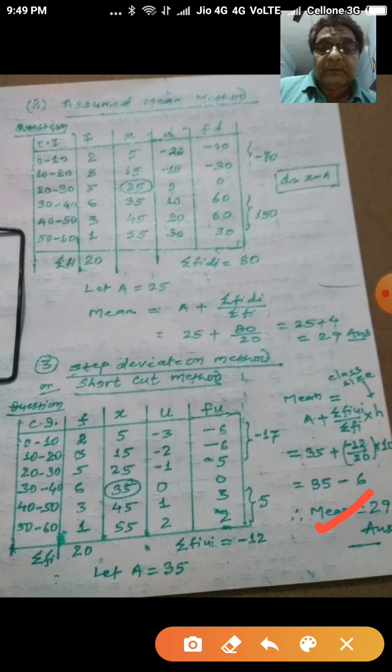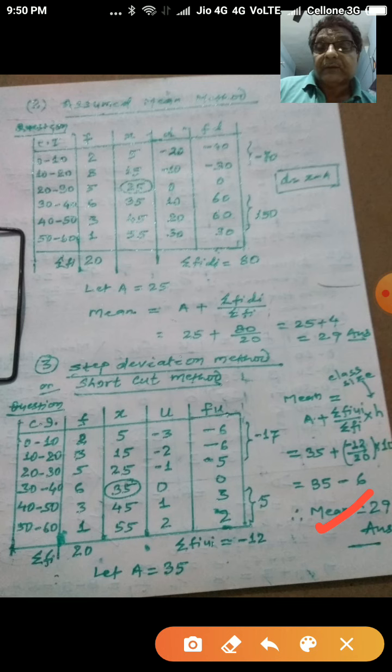Now student, make it clear why this method is called the shortcut method. The work is more in comparison to the direct method and assumed mean method, but why then is it called shortcut? Because in this method, whatever the class size of your question, that doesn't matter.